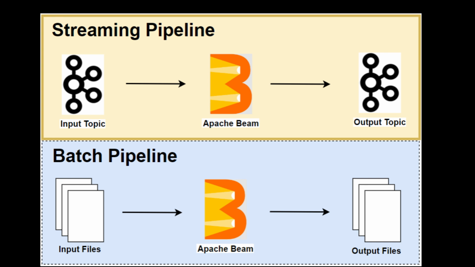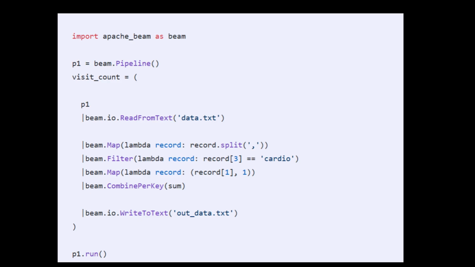Now let's talk about one important point, how you can use Apache Beam in your project. I will give you a basic example. Apache Beam is handy with languages like Java and Python, and it comes with an SDK or package that you have to install.